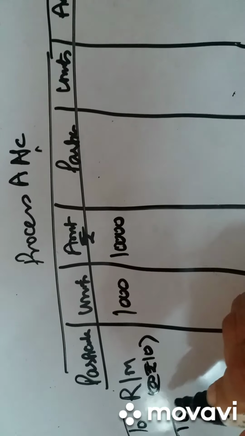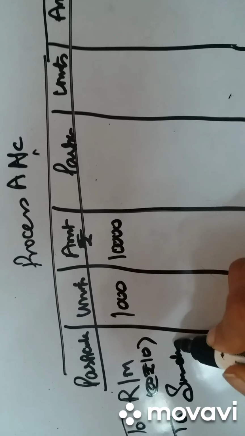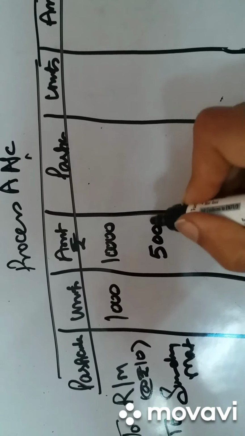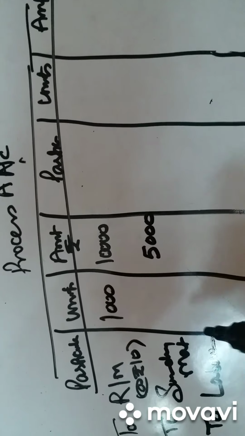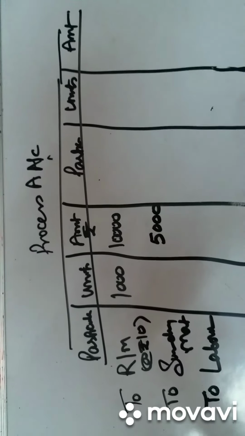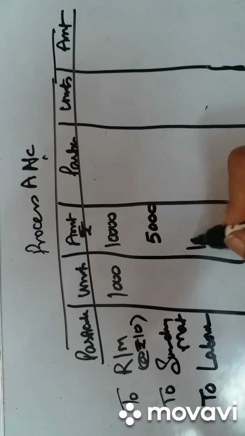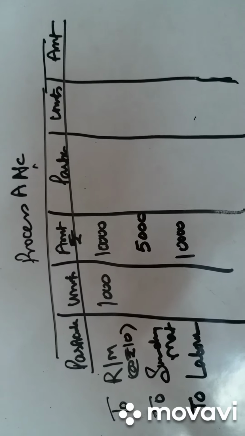Then we are given certain other sundry materials which we have used, let's say 5000. Then we are given the data relating to labor. I hope you are able to see. So let's say labor is given to us 10,000 again.